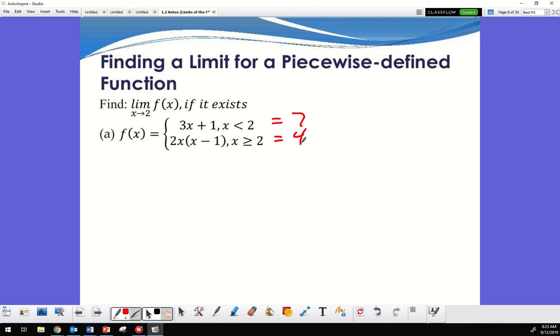So the limit does not exist. So if this was a left side or a right side type of answer, I could actually do that, right? If it was a left side, I would say 7. If it was a right side, I'd say 4.